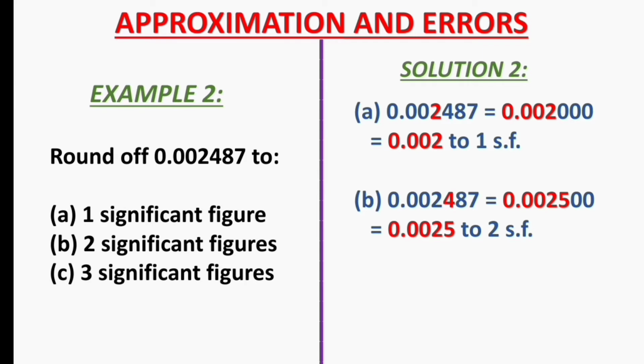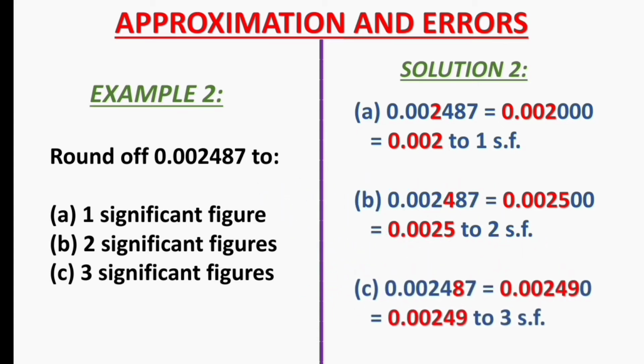So the answer is 0.0025 to two significant figures. Lastly, the answer to question 2C is 0.00249 to three significant figures. Here we have to round up to get this answer to three significant figures.